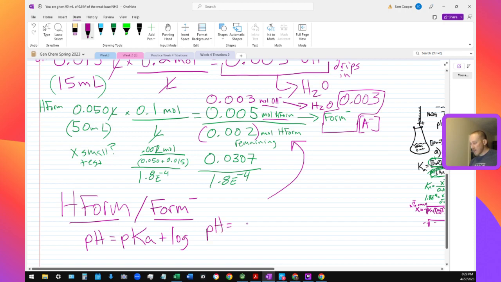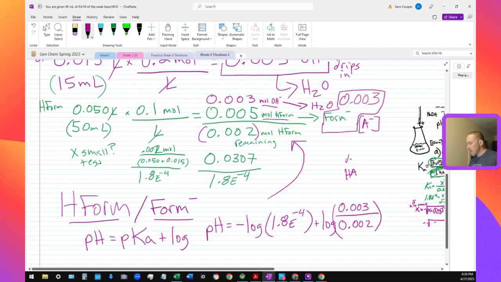So the pH is going to equal the negative log of the Ka, which we're talking about all of this in the context of formic acid, so that's our Ka, plus the log of the ratio of the newly created conjugate base and the remaining acid. So once again, that's A minus over HA. That's what that is right there.